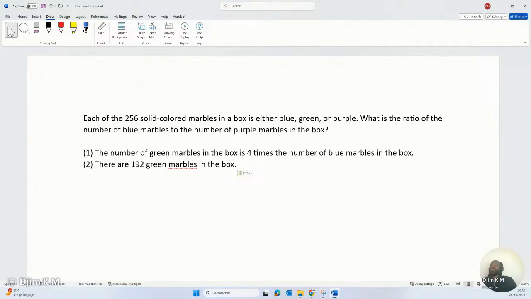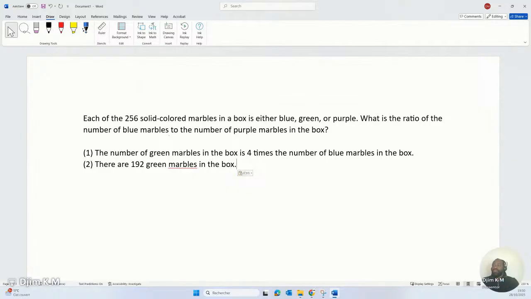Each of the 256 solid colored marbles in the box is either blue, green, or purple. What is the ratio of the number of blue marbles to the number of purple marbles in the box?